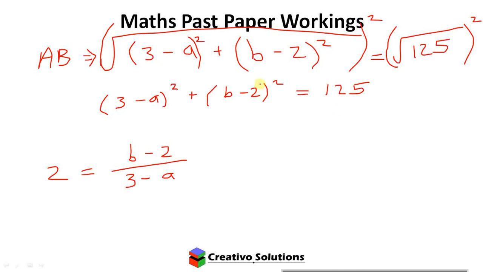Okay. Right, so let's expand it. 3 minus a squared, so 2 brackets. So let's multiply it out.